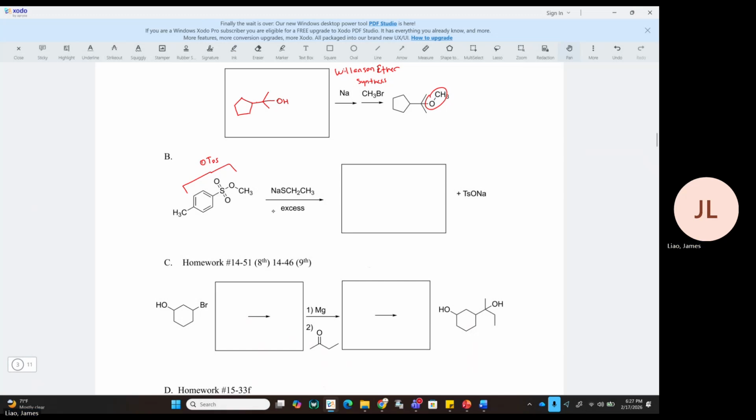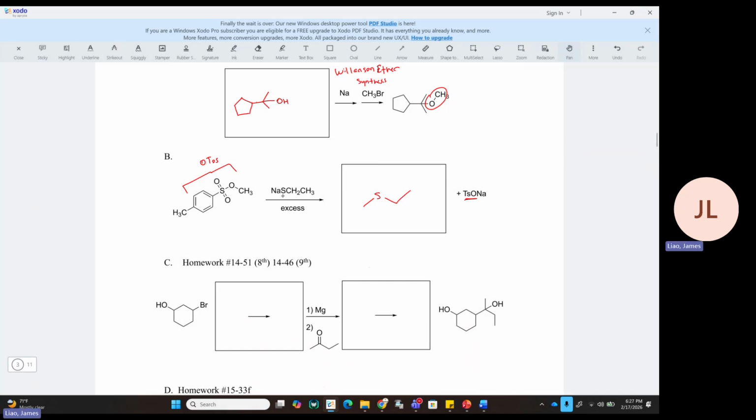This whole thing, the tosylate, is a good leaving group. You could take it off with the ethyl thiolate and it's going to form the methyl sulfide. That's literally what the simple SN2 exchange is. The phenyl is part of the tosylate, so that's why it's TsO. It's just condensed. That's how a tosylate would look.